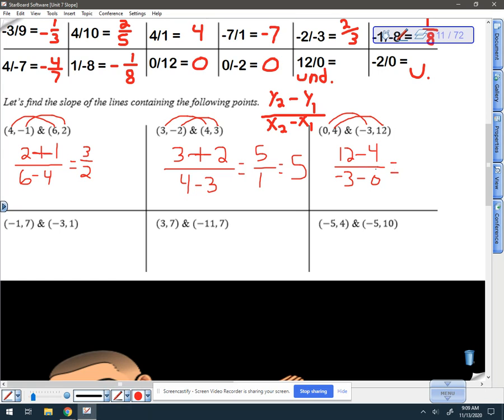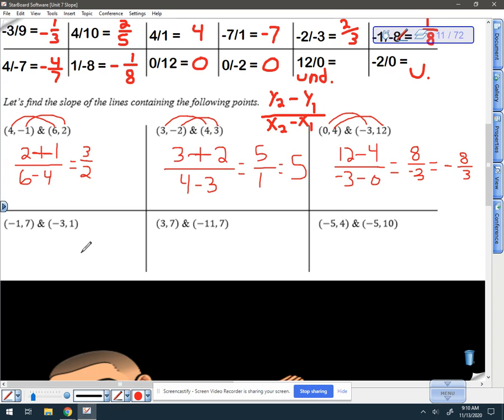So if we go over here, 12 minus 4 is 8 over negative 3 minus 0, which is negative 3. So then our answer is just negative 8 over 3. Positive and negative make a negative. Can't simplify 8 over 3, so it just stays 8 over 3.